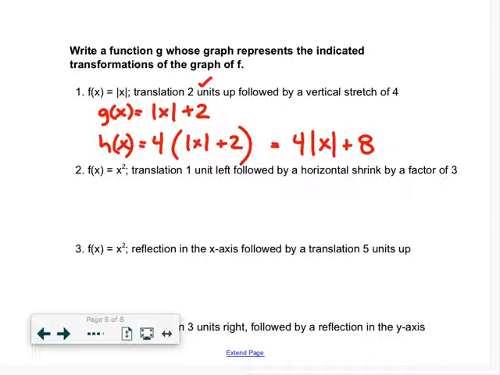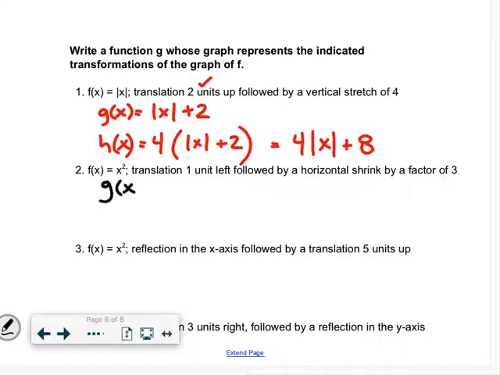We'll do one more. F of x equals x squared. We're going to translate it 1 left, and then horizontally shrink by a factor of 3. Okay, left, horizontal, same direction, order matters. So I'm going to do one at a time.